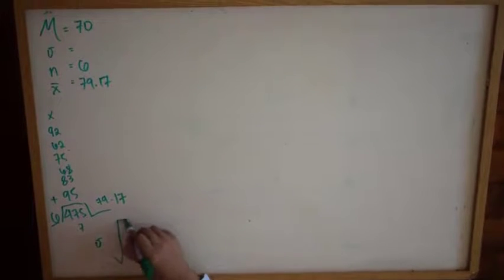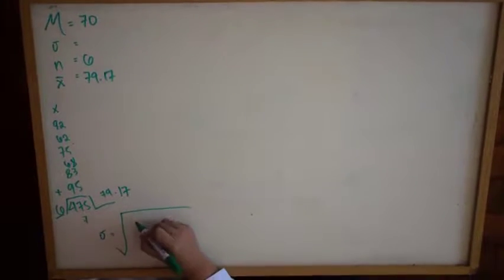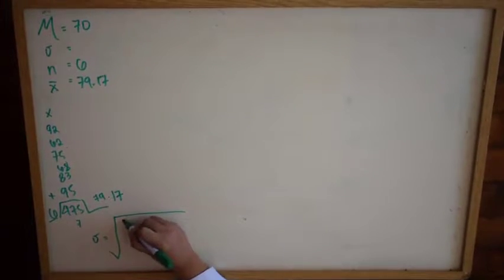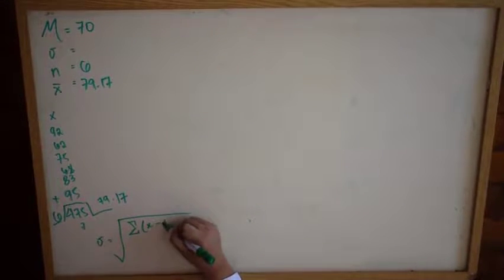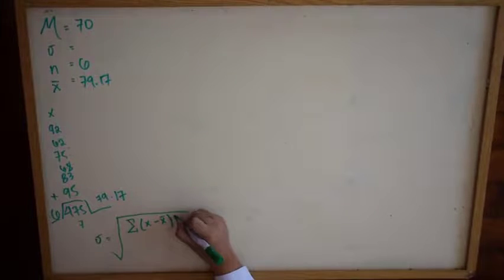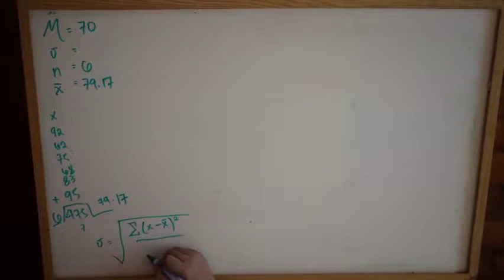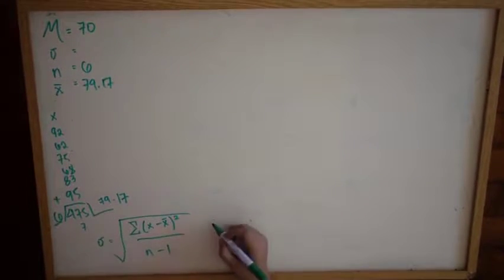To get the standard deviation, we have to use this formula: square root of the quantity summation of x minus the average x bar, quantity squared, over n minus 1. So we need to substitute these values.